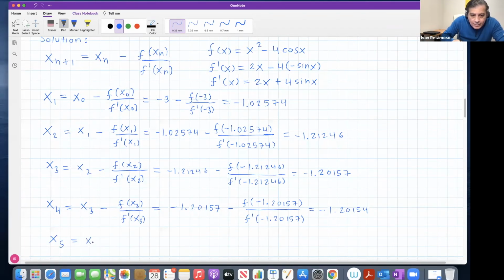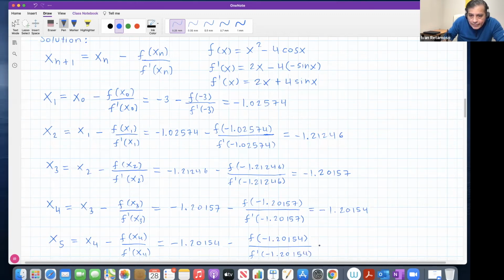x5 will be the previous x4 minus f of x4 divided by the derivative evaluated at x4, which is negative 1.20154 minus the function evaluated at negative 1.20154, over the derivative of the function evaluated at negative 1.20154.